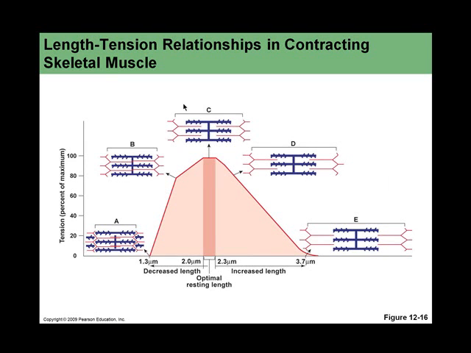So whether you're talking about just studying a single sarcomere or a whole muscle, if you put so much weight on a muscle that it stretches it so much, then you're not going to be able to generate any strength in that muscle to move the weight. So we can make that leap here.